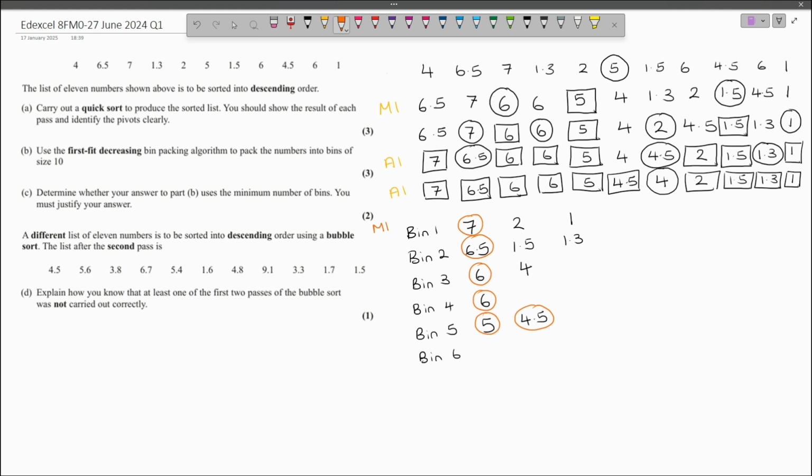If any of those numbers are in the wrong spot, you won't get the mark. The second mark, the A1 mark, will be awarded for allocating 2, 1.5 and 4 into the correct bins. Then finally, the final A1 mark will be allocated if you put 1 and 1.3 into the correct bins.